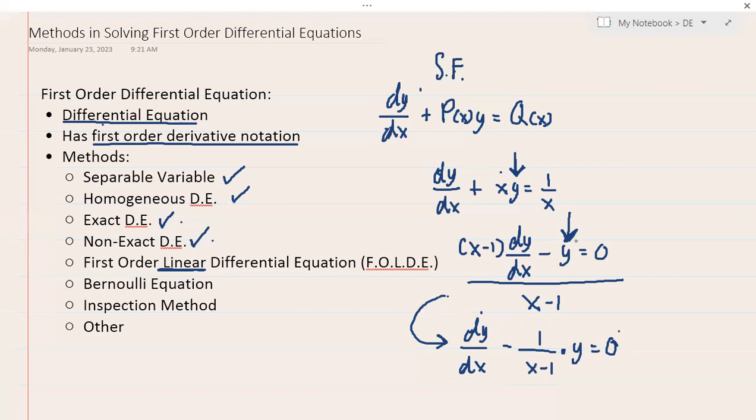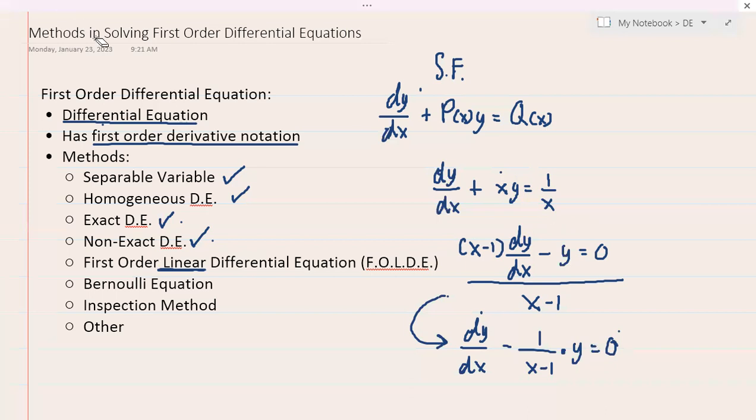Kasi kapag yan naka-squared, or kapag naka-square root, or kapag naging trigo yan, like imbes na y, naging sine of y yan, o kaya naging e raised to y, hindi na to linear. Okay, that's already a different scenario na to. So, make sure na linear siya.